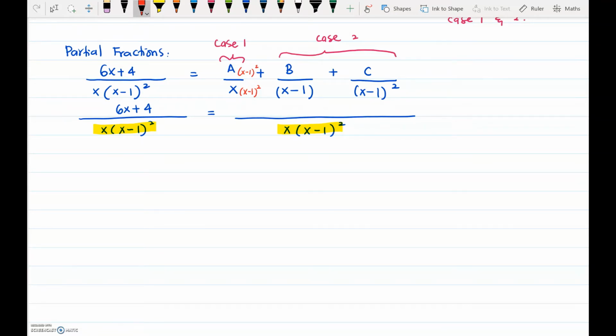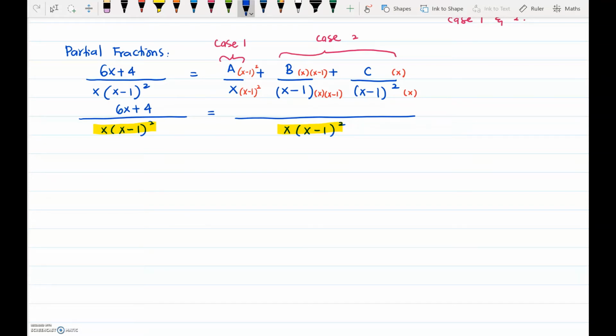For B, the other factors that you have to multiply are x and another (x minus 1). So x times (x minus 1) combines as x(x minus 1), and this one you multiply by (x minus 1). And for C, you only have to multiply by x.